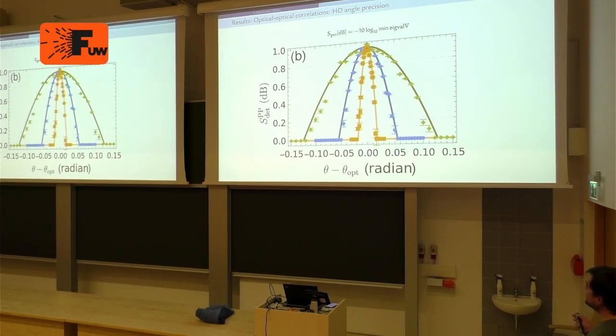If we tune away, the results become worse. The different colors are the initial occupations of the mechanics. This is 10 phonons, this is 100 phonons, this is 1,000 phonons. Given that now they can routinely do initial occupations of one phonon, this line seems to be quite good.